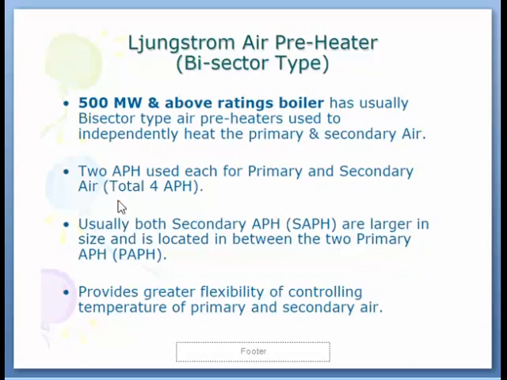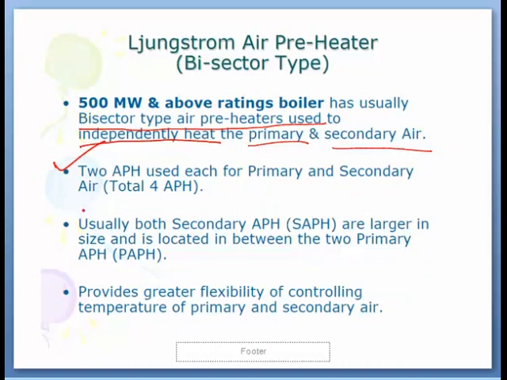Boilers of 500 megawatt and above rating usually have bisector type of air preheaters used to independently heat the primary and secondary air. So there are a total of 4 air preheaters, 2 for primary and 2 for secondary air preheating.